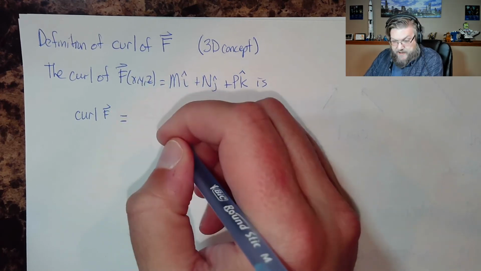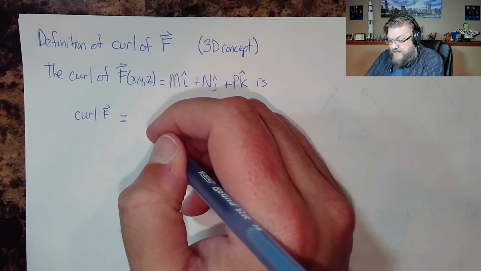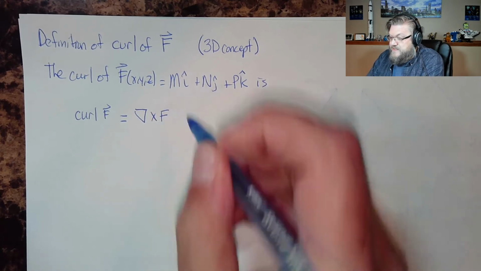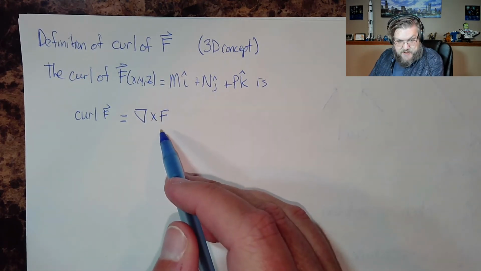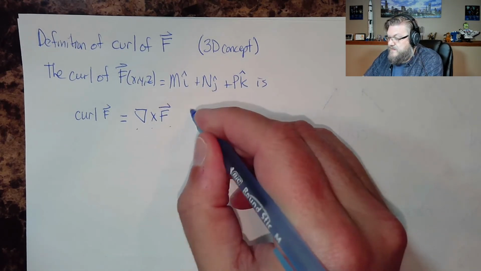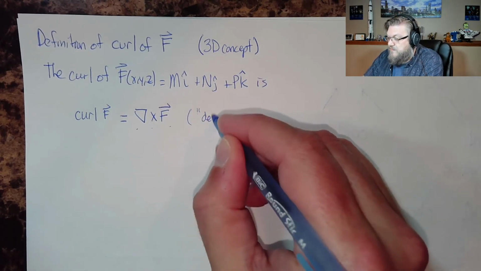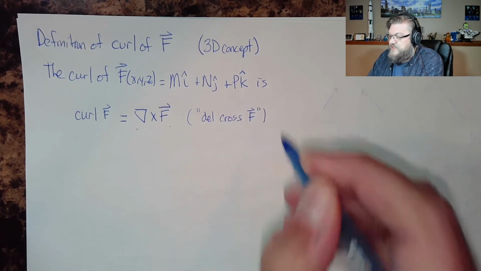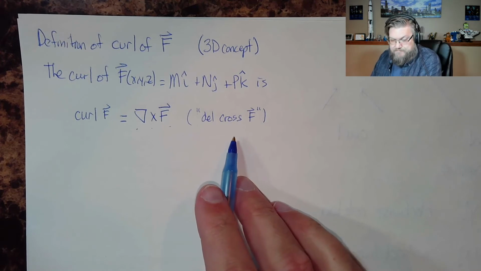A fancier way, and again, if you've had some advanced physics, you might recognize this as something that's in Maxwell's equations, del cross F. This is del cross F, otherwise known as the curl of F.